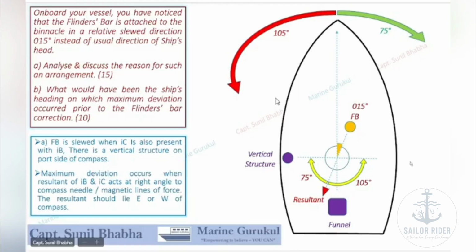OK, now let me give you one more example. If you have a twin propeller ship, then a twin propeller ship has two funnels. One funnel is on the starboard quarter, another one is on the port quarter.